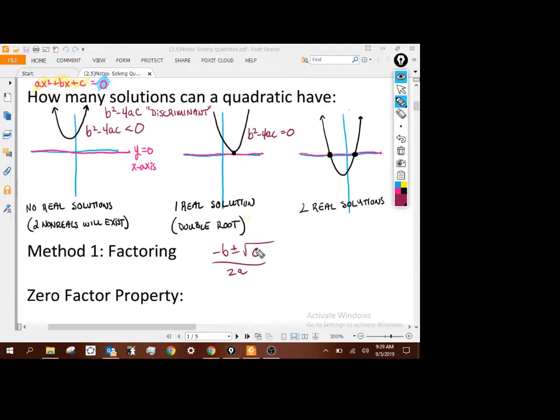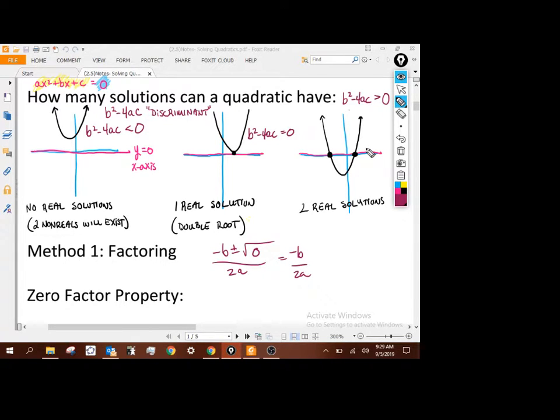Well, if this is 0, isn't the square root of 0, 0? So doesn't that just turn into negative b plus or minus 0 over 2a, which is just one amount? Does that kind of make sense? Okay. So my discriminant, when it's equal to 0, tells me I have one real solution. And what does my discriminant have to be if I'm going to have two real solutions?